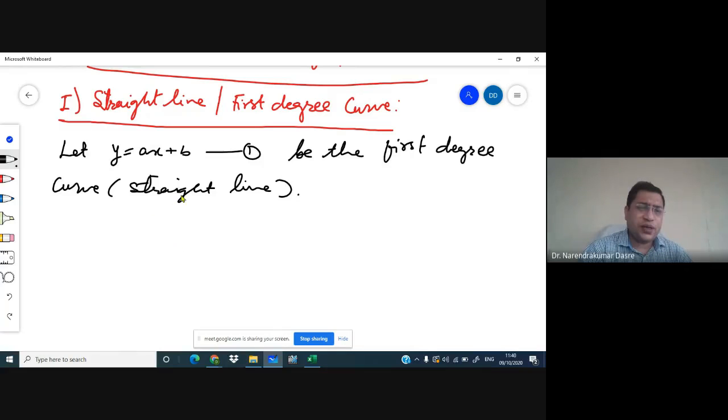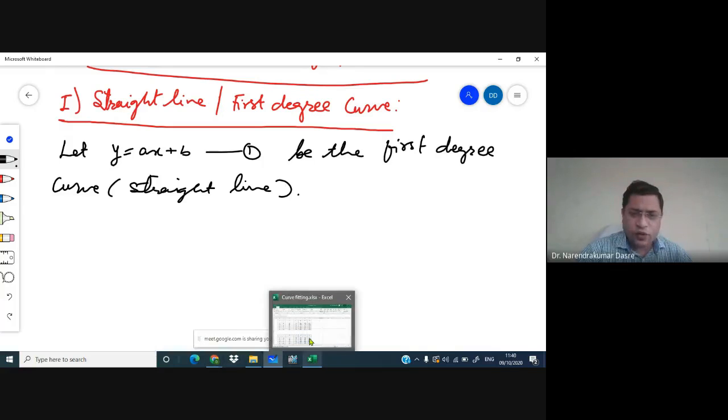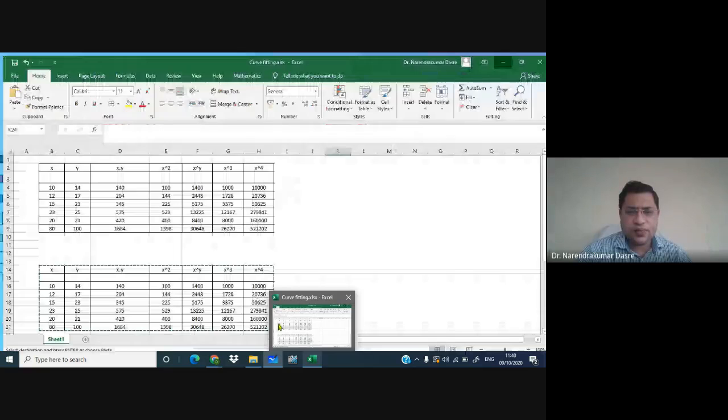So what are the unknowns in this equation 1? Here the unknowns are A and B, because the X data is given to you and the Y data is given to you. This is what we need to understand properly.